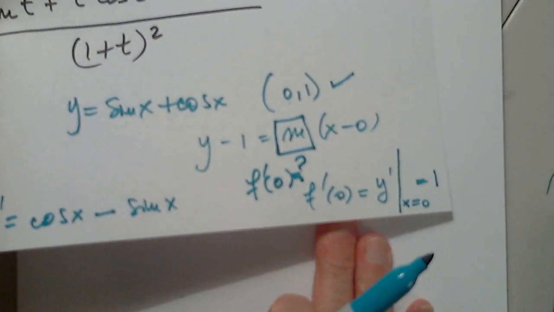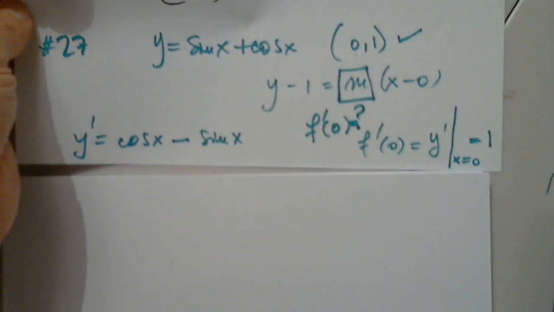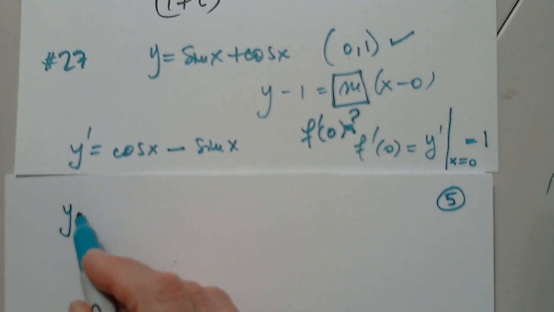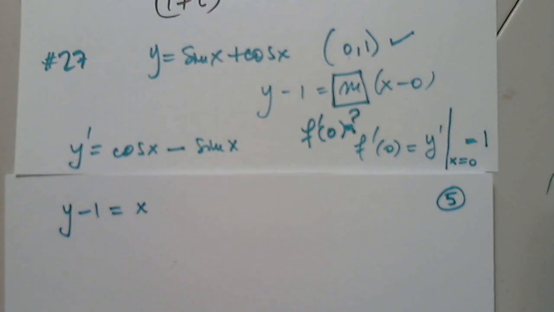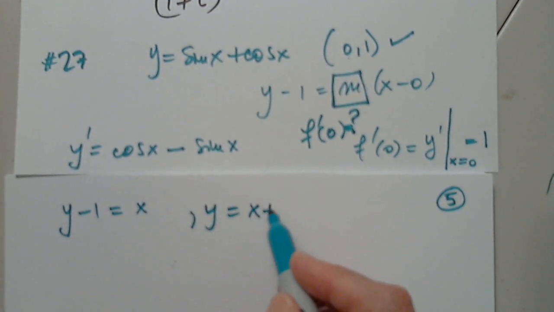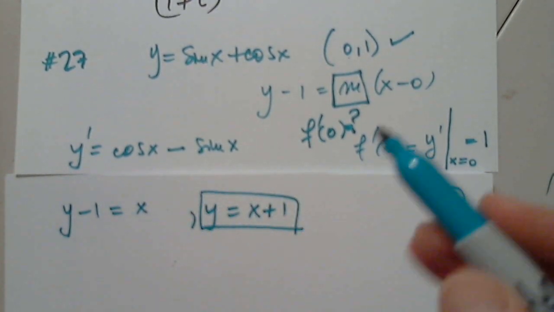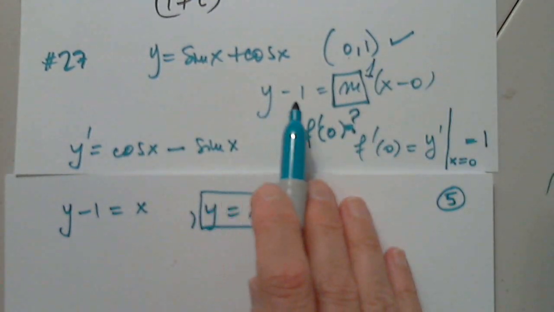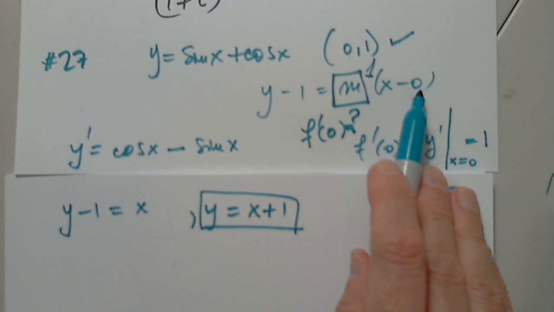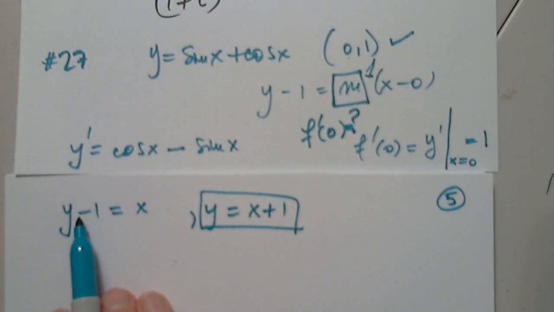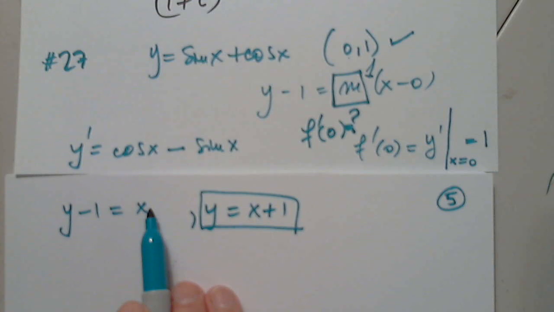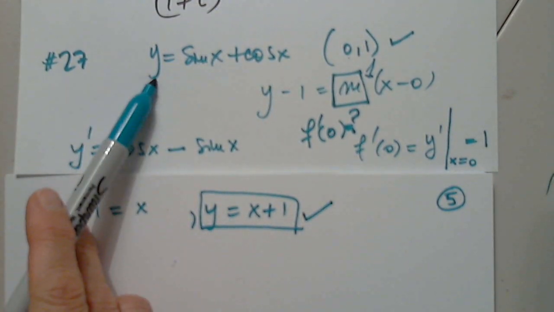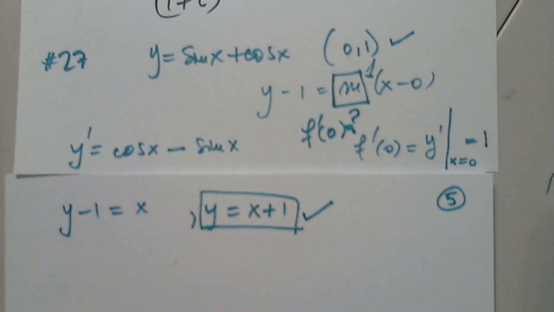Stop me, please, if you have questions, anytime. So y minus 1 equals x, or y equals x plus 1, because the slope is 1. So 1 times x is x, and y minus 1 is x because this is 0. Then we add 1 to the other side, and we get the equation of the tangent line to the graph of the given function at this point.